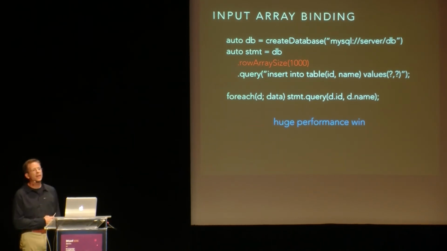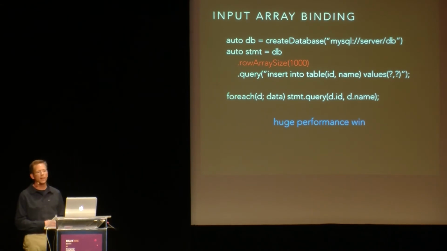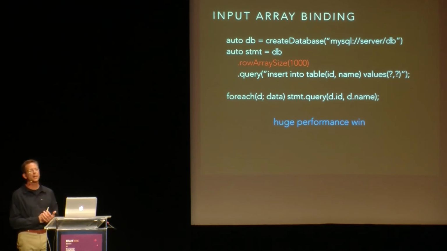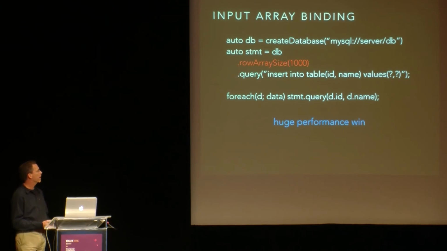And so what you're doing then is the interface is holding buffers for, in this case, 1,000 rows before it actually sends them to the server. This is potentially more impactful than the output binding because it's combining the fact that you're not preparing the query each time you run it along with array binding.